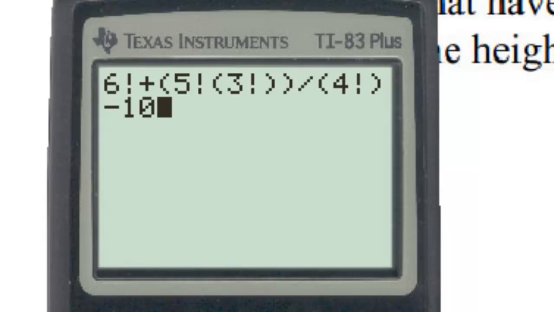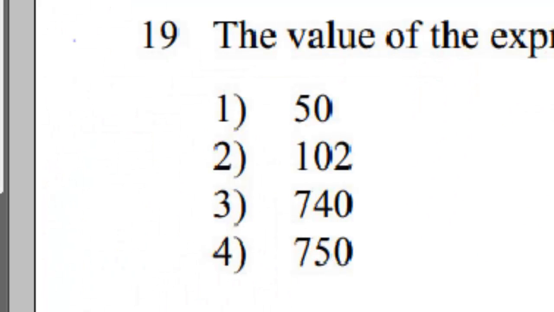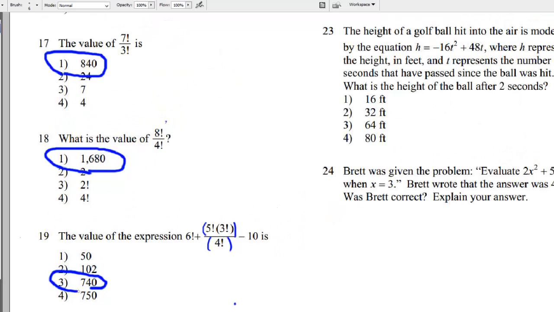And now when we press enter, it should give us the answer. The answer is 740. That is option number 3. The answer to number 19 is 740.